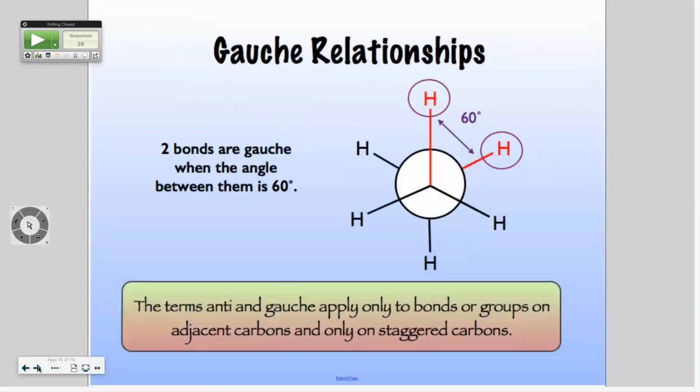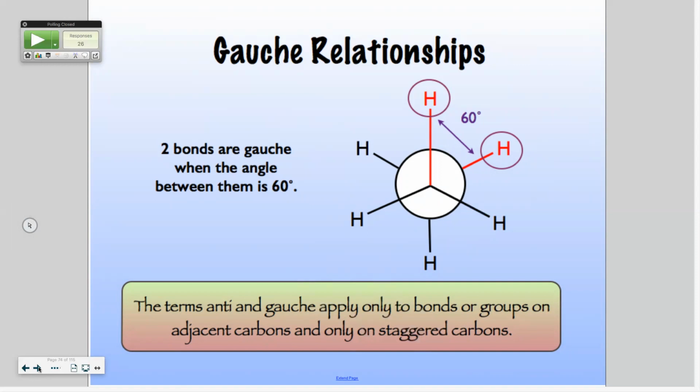If we are looking at 60 degrees, that is called gauche. G-A-U-C-H-E. It's pronounced gauche. It's not gaucho. Personally, I don't care how you say it, just write it down on your paper.